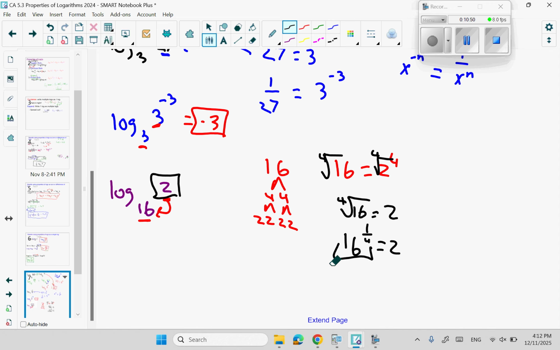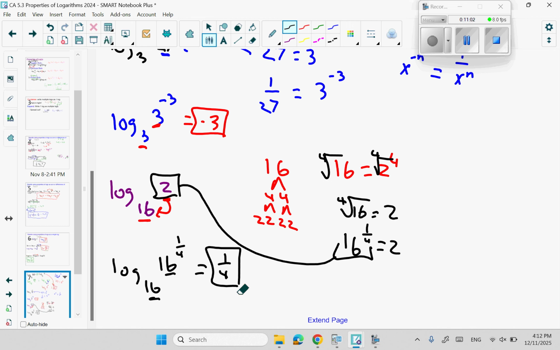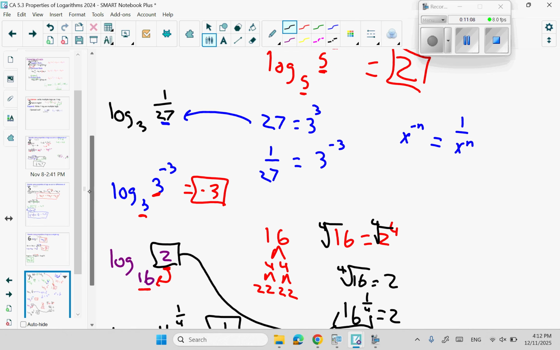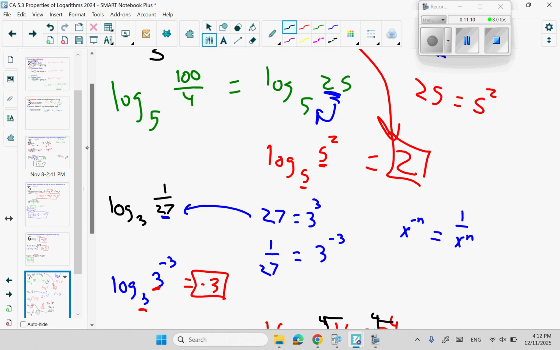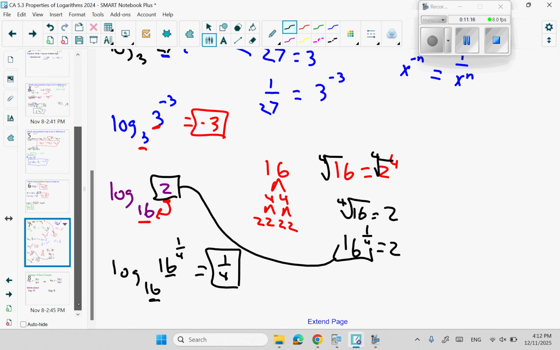So I can use this and plug it in right there. So I get log base 16 of 16 to the 1/4. These numbers match. My answer has to be my exponent. So those are some of the ways that you can apply that. Basically, you want to aim for these numbers matching in some way using exponential properties.